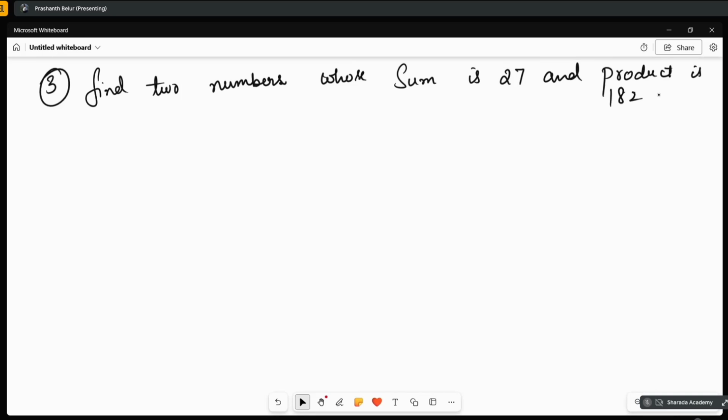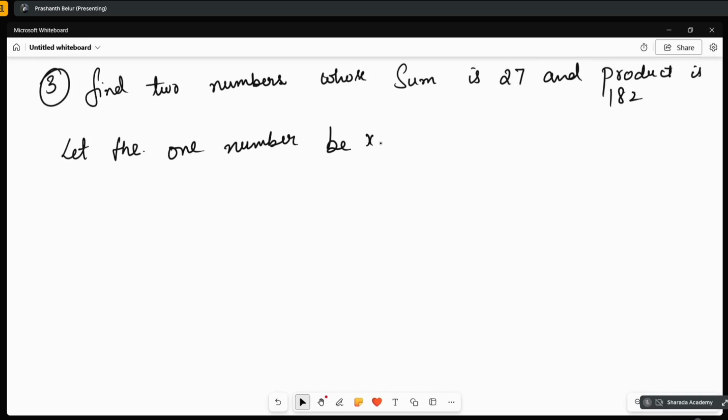Let one number be x. Karthik, tell me what will be the second number now? Sum of two numbers is 27. One number I have taken x. What will be the other number? X minus 27. Sure. What about you, Netra? Next question.